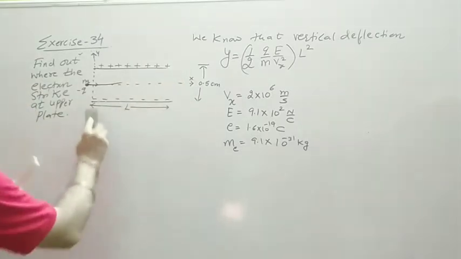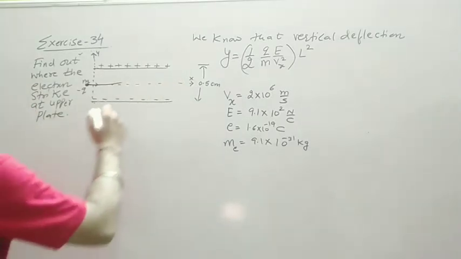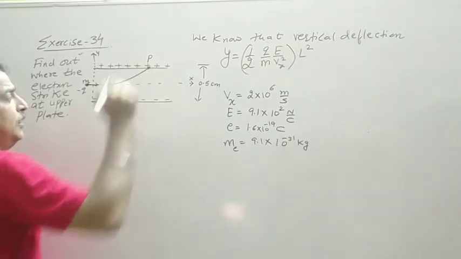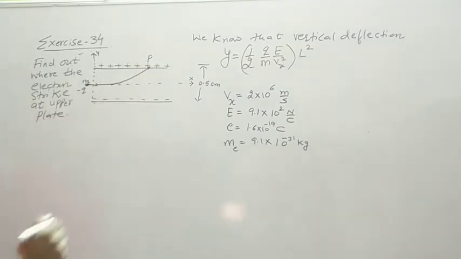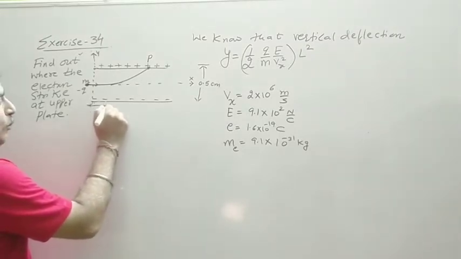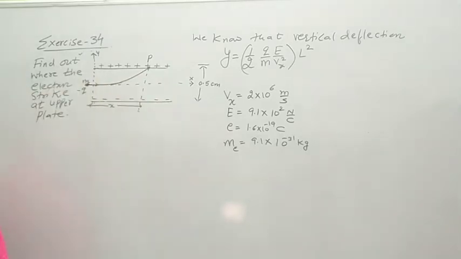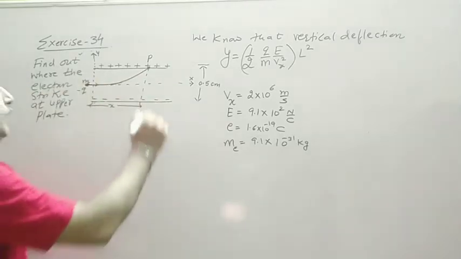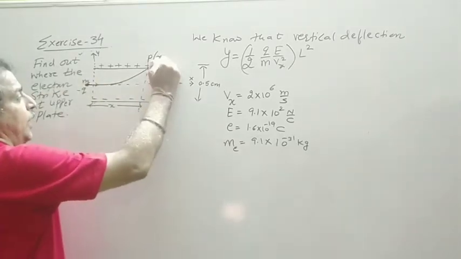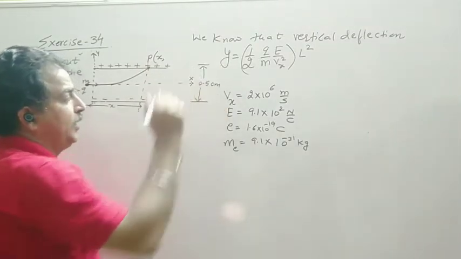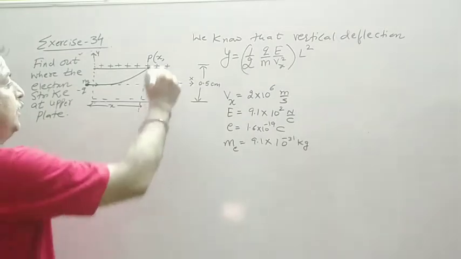Let us assume this particle strikes at this point. Now if it strikes at this point, the x coordinate is, suppose, x. This is the x coordinate of point P.